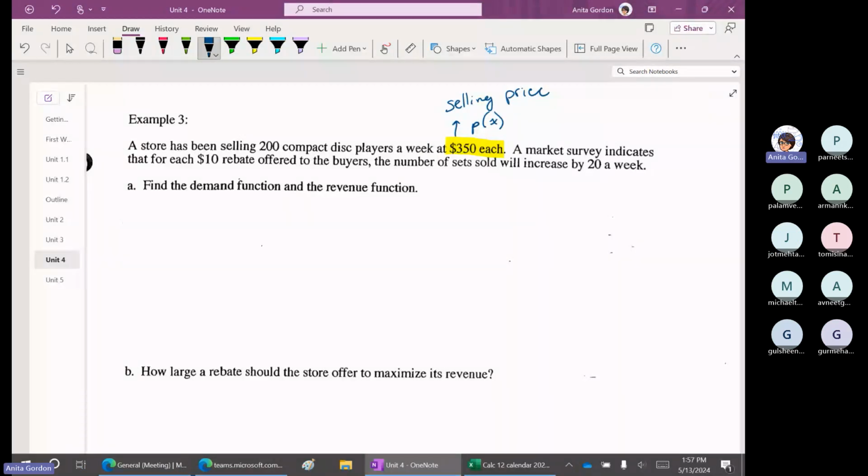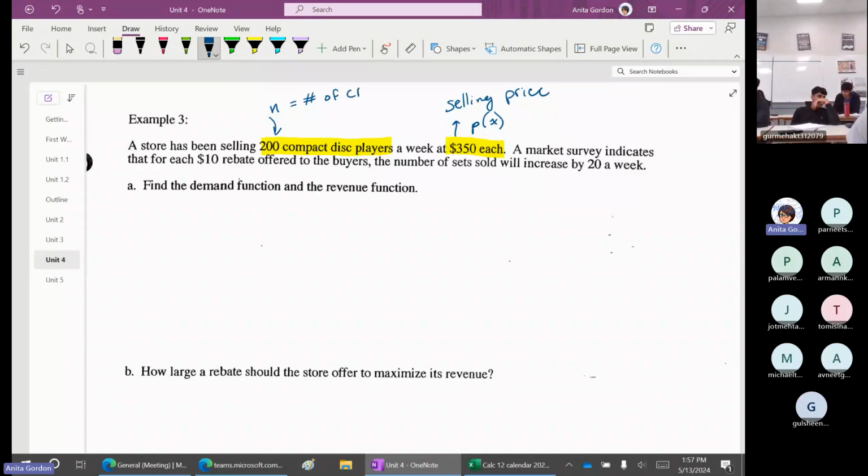Now, 200 compact disc players a week, I'm just going to give it a number, N, which equals the number of CDs sold.